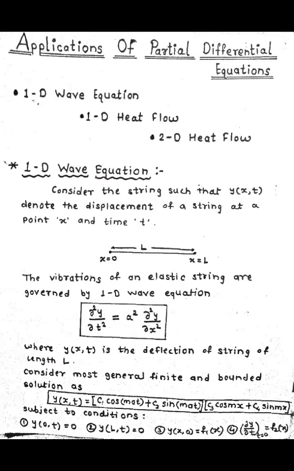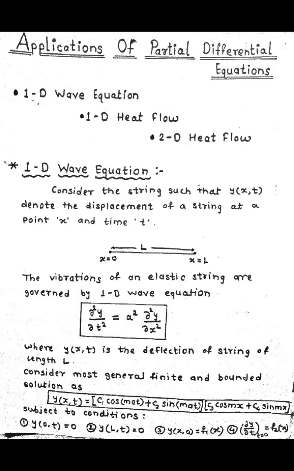So to solve this wave equation, consider the most general finite and bounded solution as y(x,t) equal to two brackets. The first bracket contains c1 cos(mat) + c2 sin(mat). The second bracket contains c3 cos(mx) + c4 sin(mx). So student, you have to remember this solution.